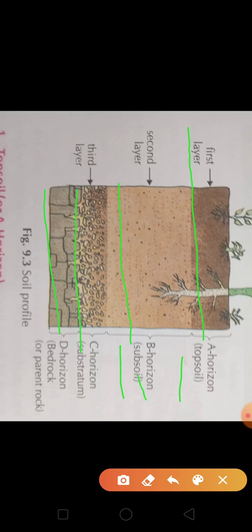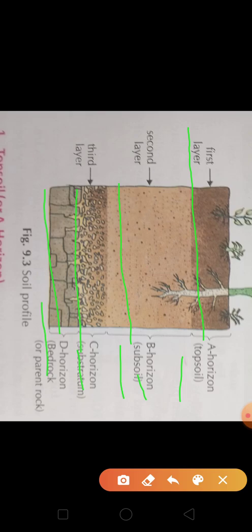We will discuss these in detail also. First of all, I am giving just an introduction. The third layer, you can see there, is the substratum, known as the C horizon. And last, number 4, is bedrock. These are rocks that cannot be penetrated.